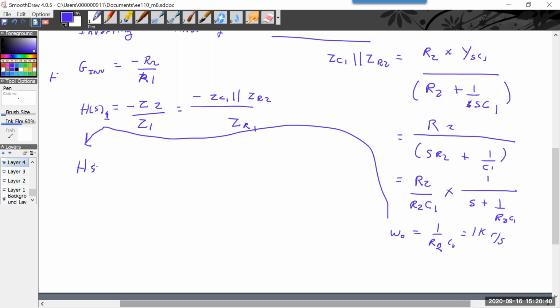So H_S1 is going to be R2 omega naught over S plus omega naught. Now that we have 1, we can get the total just by multiplying them together.